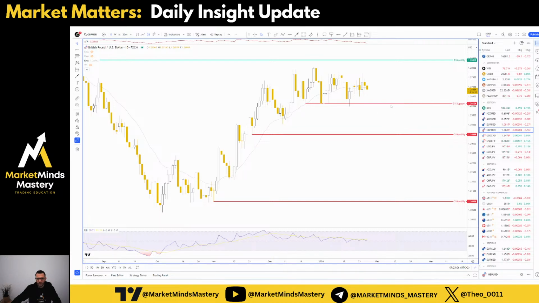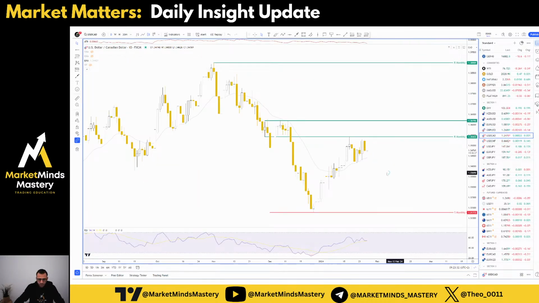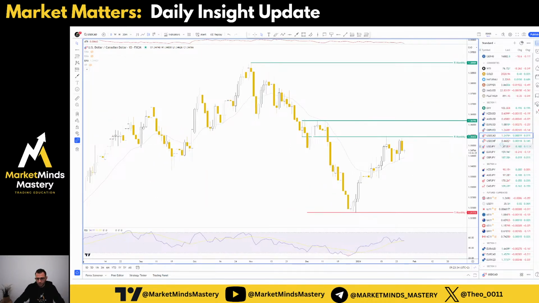So be mindful, the style you trade depends also on the account conditions that you trade, on your broker conditions. It's not only the market conditions, it's also understanding from your broker side how to manage your trades.